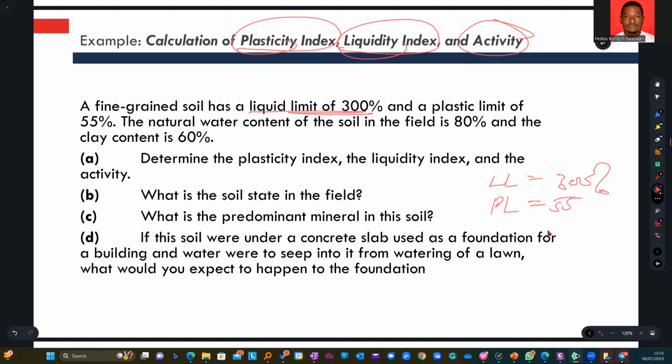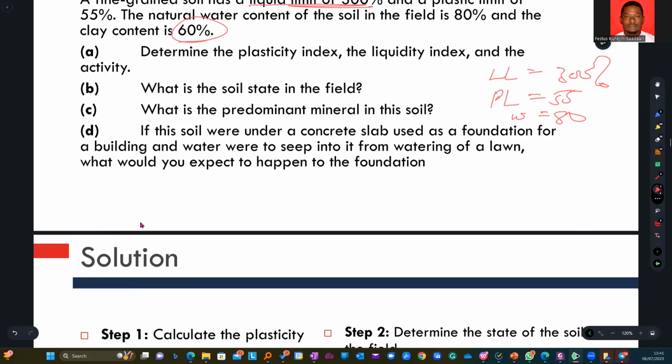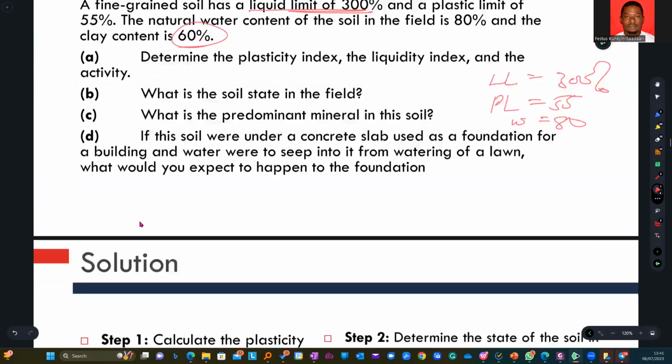The natural water content, w, is given as 80%. And then the clay content is 60%. So now they are telling us to determine the plasticity index, then the liquidity index, and then the activity. And then we will be asked further to describe.